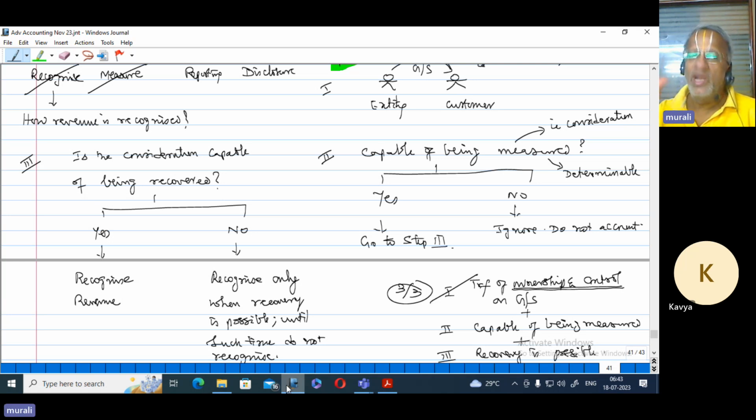But at a particular point of time, how much of the work got completed, we would not have measured properly. It may not be capable of being measured. So therefore, you do not recognize. But you disclose this fact that we have done so much work, but we could not recognize, and those items of cost are very much incurred and debited to the P&L account. So that sort of disclosure is what you are expected to make. Is that clear?